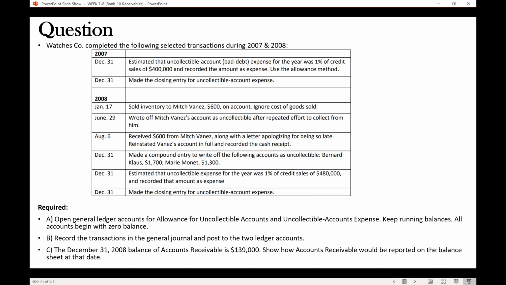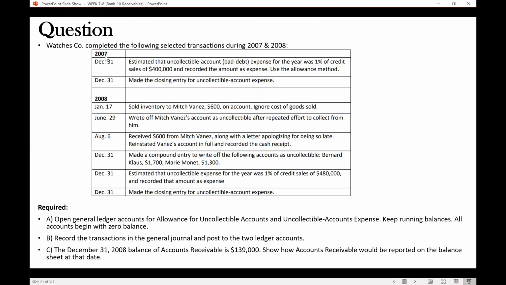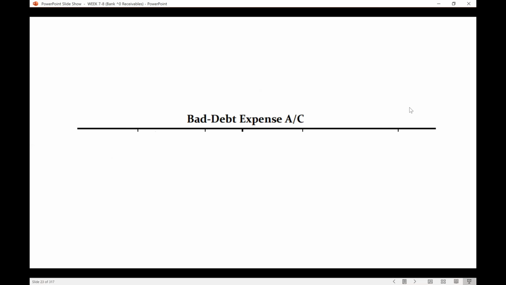It says all accounts begin with zero balance, and that is what you're seeing here on the screen, the allowance account, and you're seeing January 1, 2007, because remember, we have two dates, we're running in 2 years, and the balance is zero. The next account is the expense account, and we could have done the zero balance here, but remember our expenses at the end of each period are closed out to our income summary account.